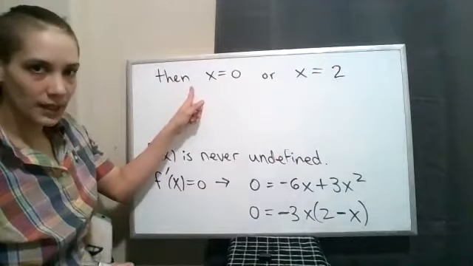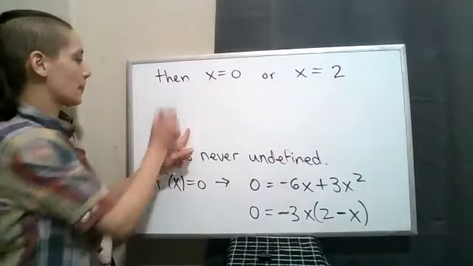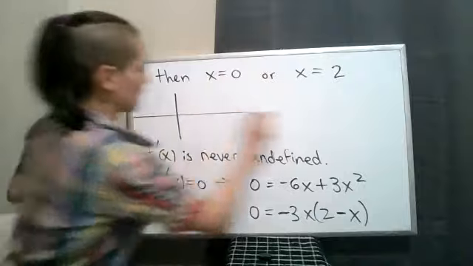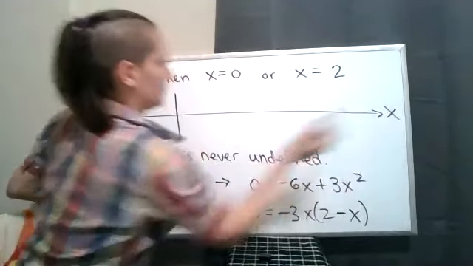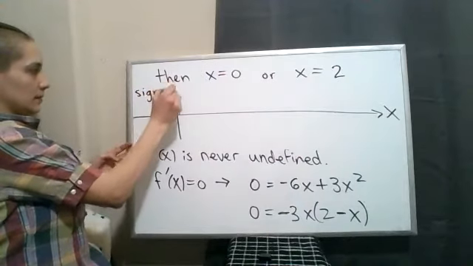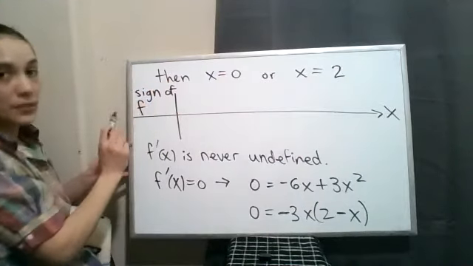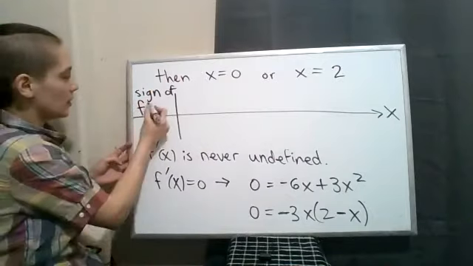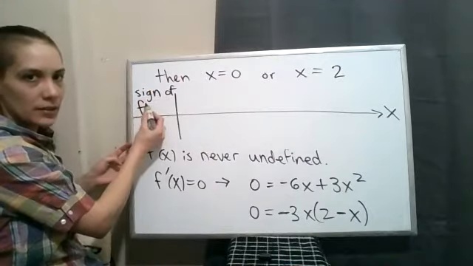So from here, we can make a sign chart, and it's for the function f prime. So make sure if you test any x values, it goes into the derivative.